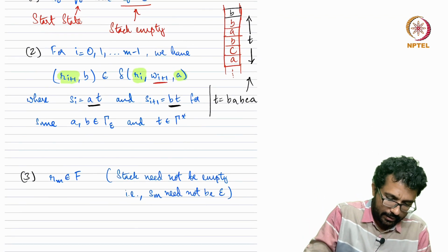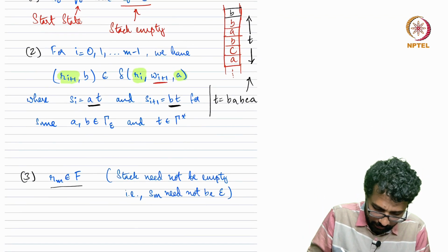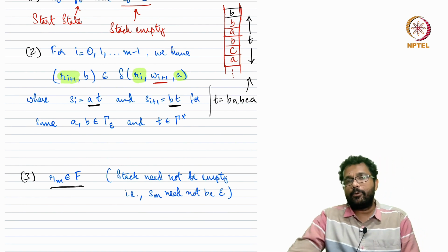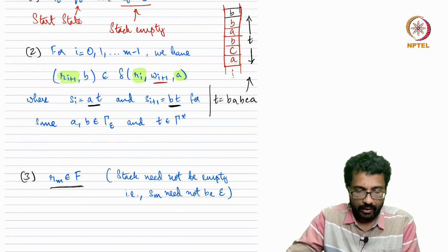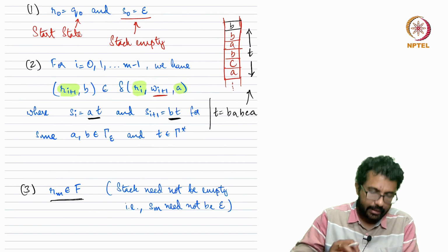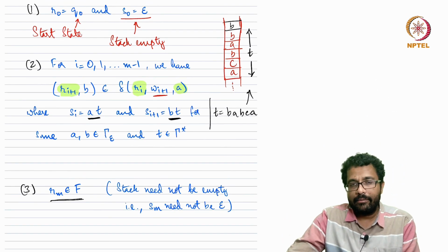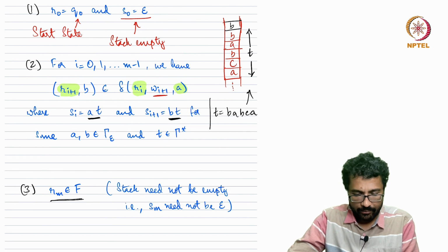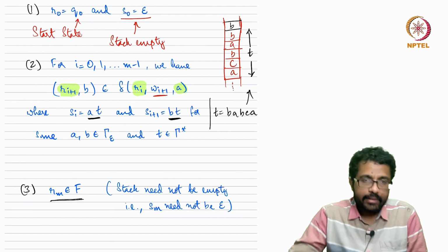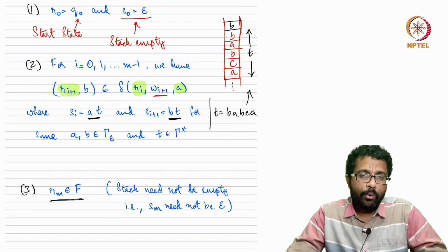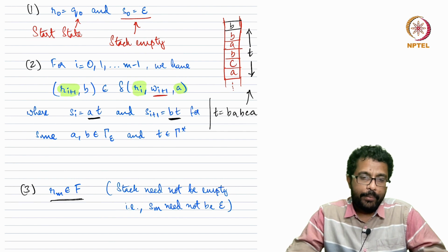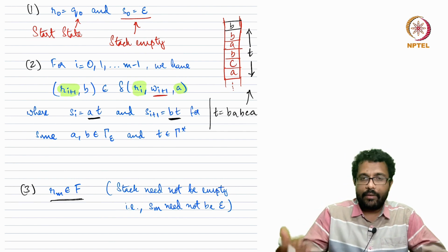Finally, let's say after you read the input, we reach the state Rm. Rm is the last state, and for the string to be accepted, this has to be an accepting state. So the only rule for accepting a string is that Rm is in an accepting state. This is exactly what we had in an NFA also, but in the case of a PDA, pushdown automaton, we also have a stack.